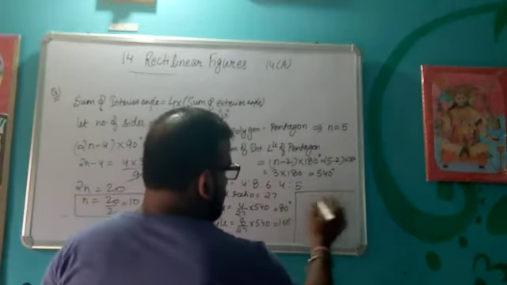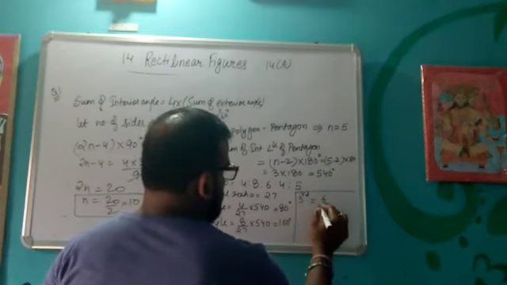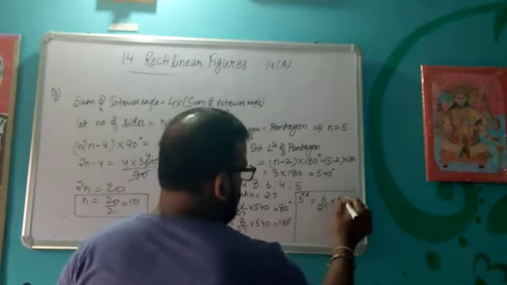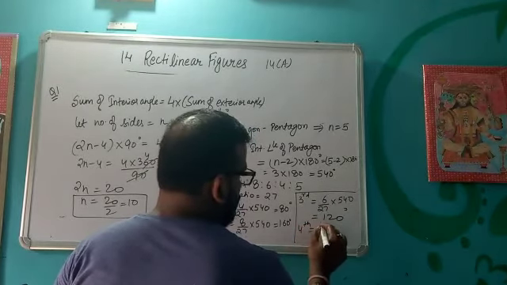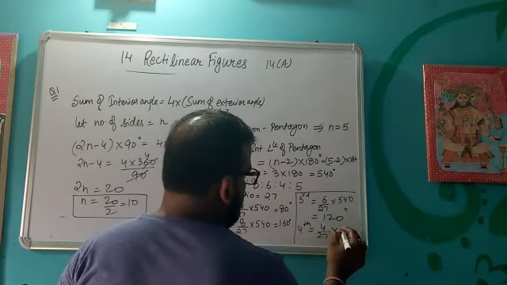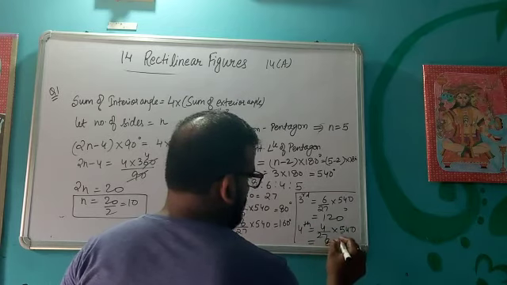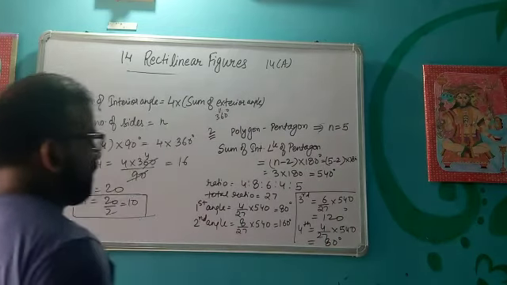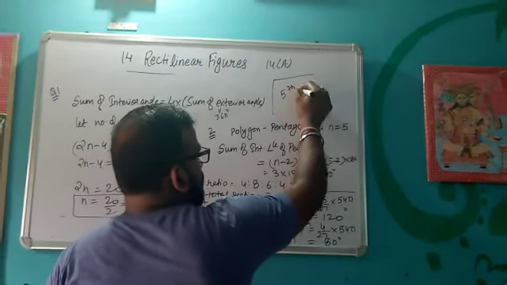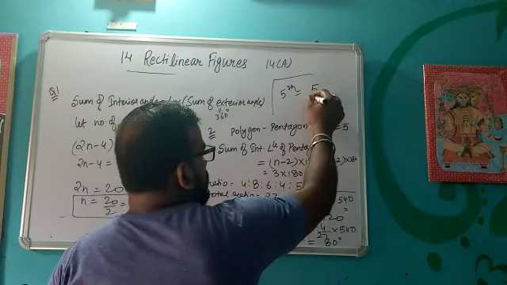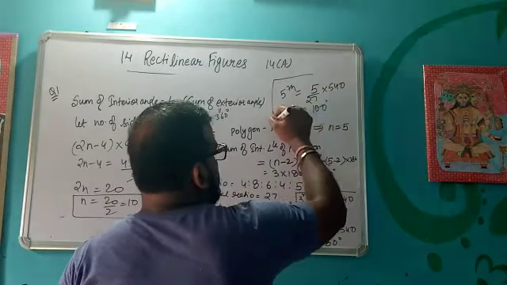Then the third will be 6 upon 27 into 540, that is 120 degrees. What is the fourth angle? 4 upon 27 into 540, that is 80 degrees. And the fifth, I am calculating here, the fifth angle will be 5 upon 27 into 540, that is 100 degrees.